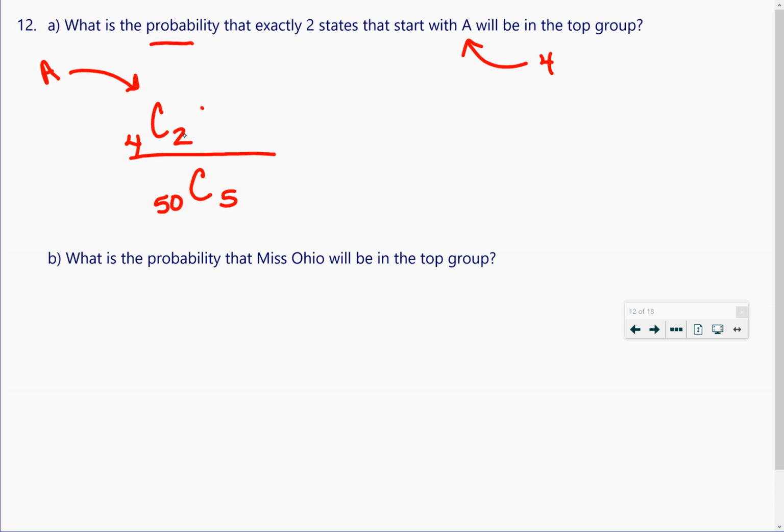How many ladies are left? There are 46 ladies left. And how many more spots do we have on the list? Well, we've already picked 2 A's. So I have 3 spots on the list.